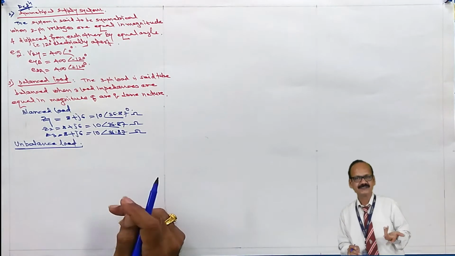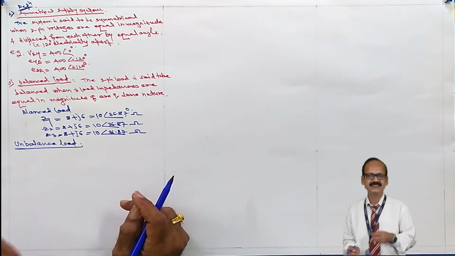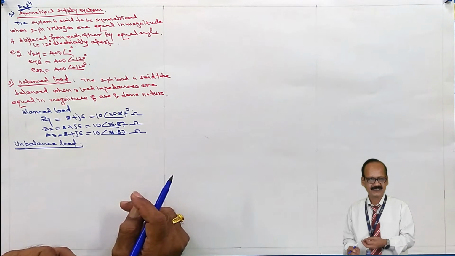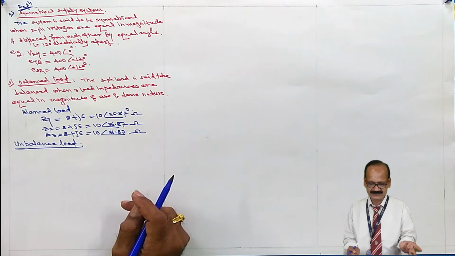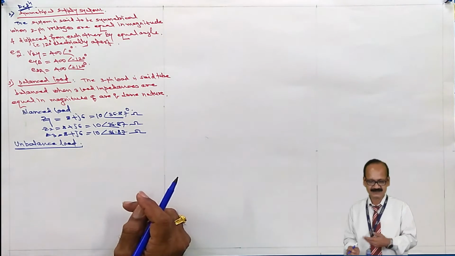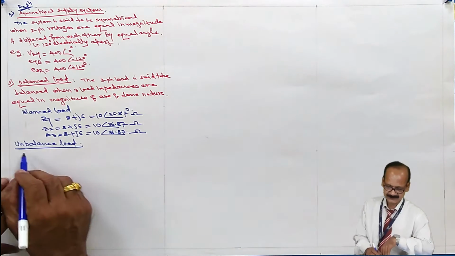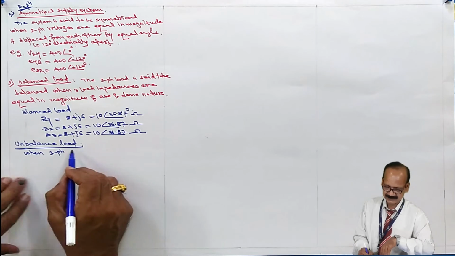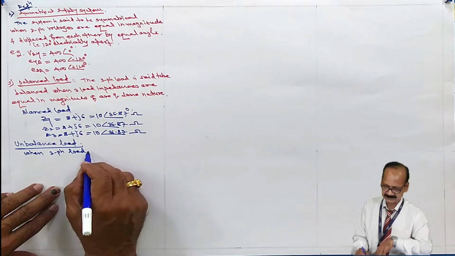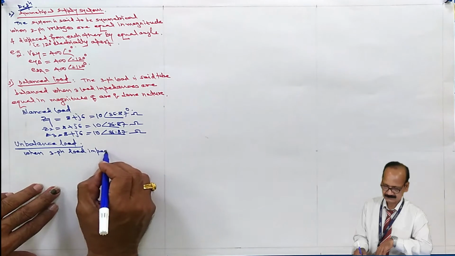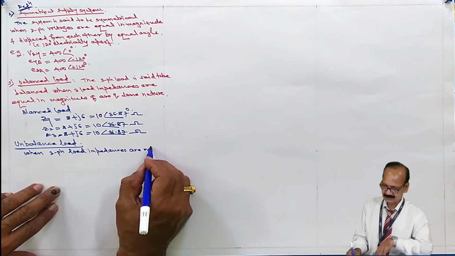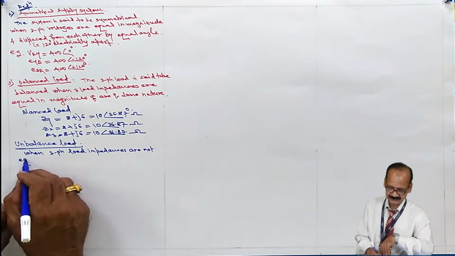Unbalanced load. When the three load impedances are not equal in magnitude and are not of the same nature, then we can say it is an unbalanced load.